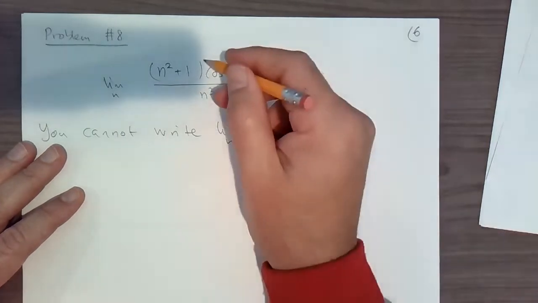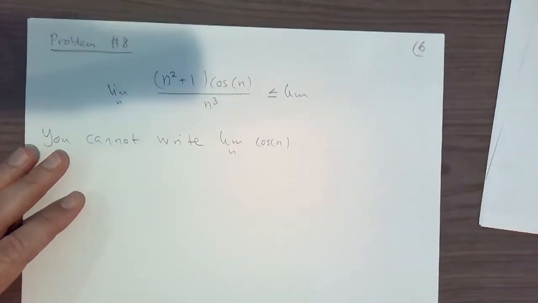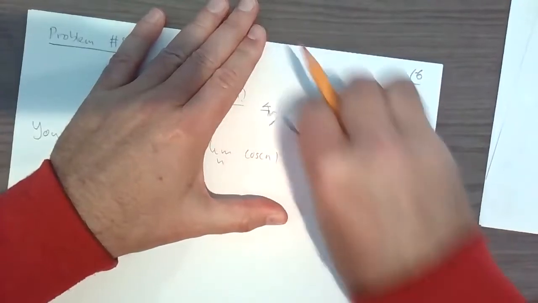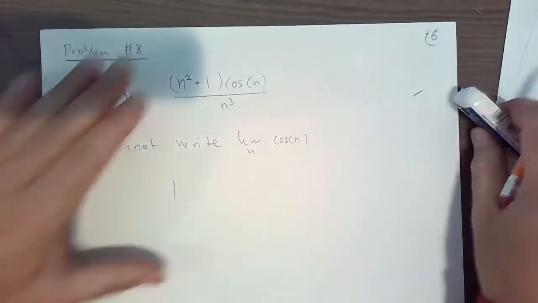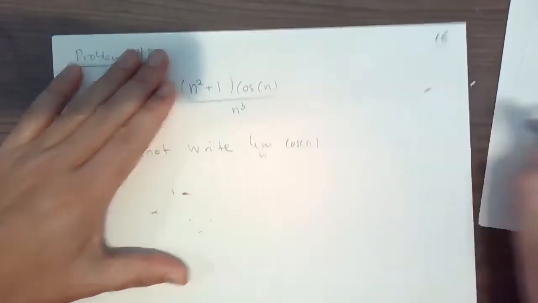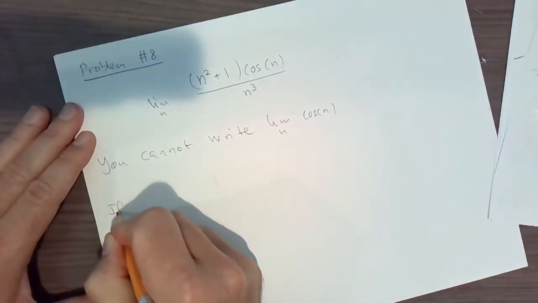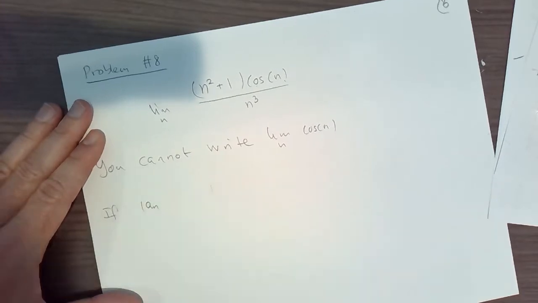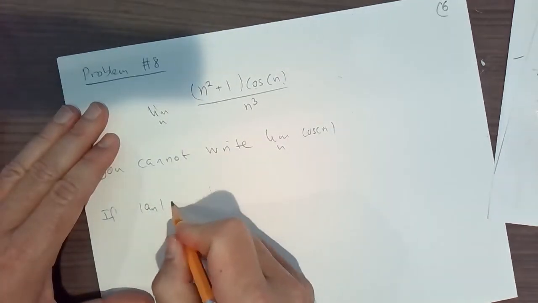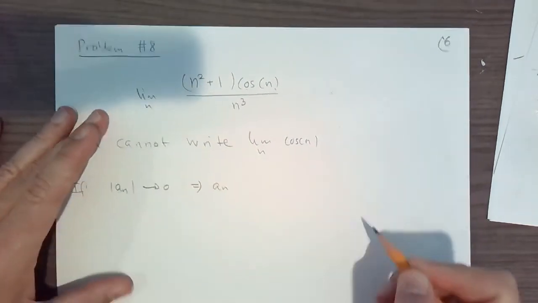That's right. Cosine is bounded by 1. So if I take the absolute value, maybe Brian is using this result here: if the absolute value of a_n converges to 0, what does that imply for a_n?